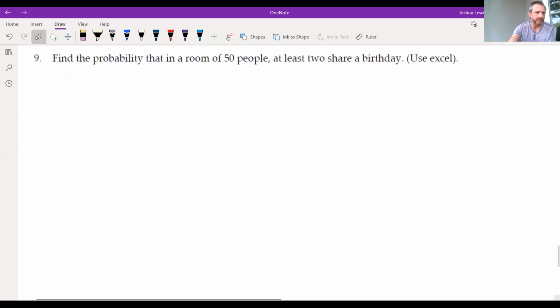All right, number 9. In a room of 50 people, at least 2 share a birthday. So this again, I know we did this before, but we're again going to use a complement, okay?